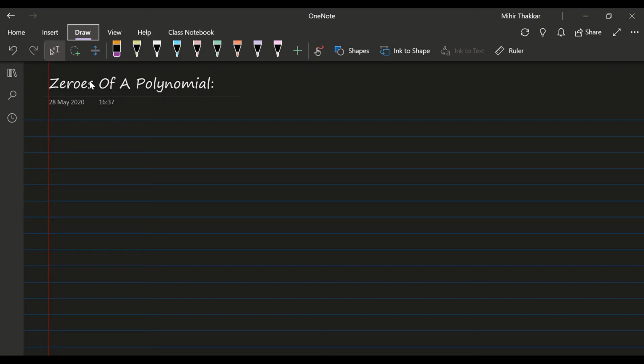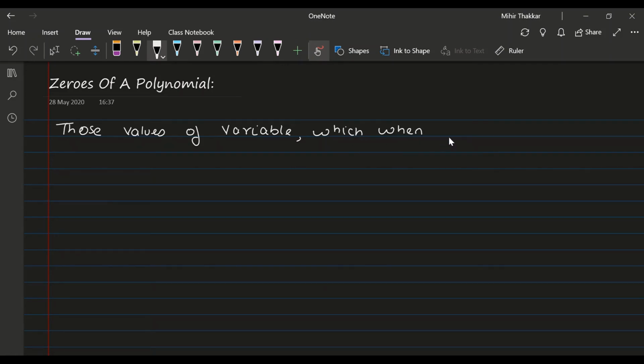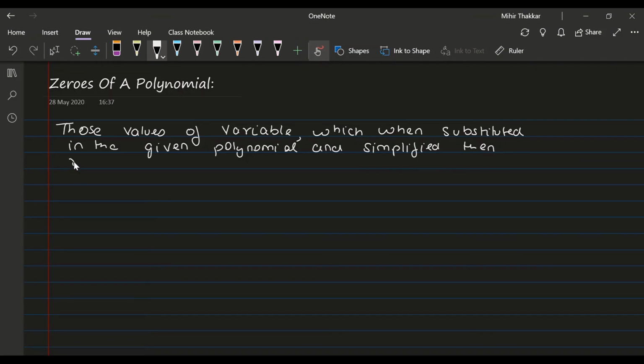Okay, write the definition with me for the zeros of a polynomial. We will say over here, those values of variable which, when substituted in the given polynomial and simplified, then the result is 0.